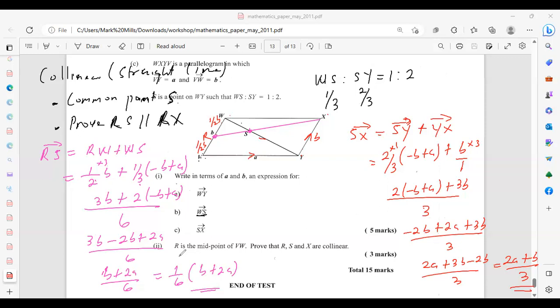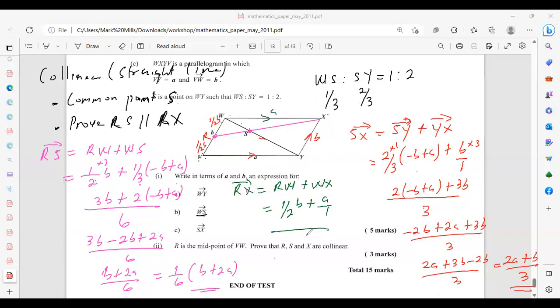All right. Now, my next focus is to find RX, sorry, RT. I'm going to find RX now. RX equals RW plus WX. So RW gives me half B plus WX, which is A. Because if this side is A, I put this over 1.